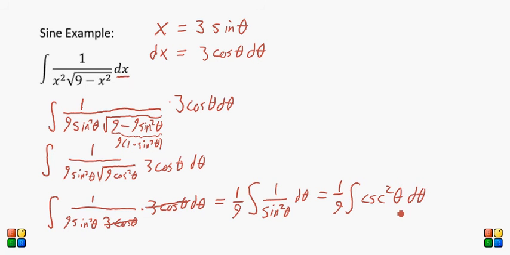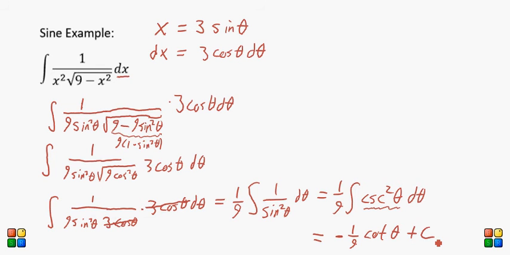And that's a better way to write it because I know something that has this as a derivative. Just like the derivative of tangent is secant squared, well, the derivative of cotangent is negative cosecant squared. So this equals 1/9, and then it's negative cotangent theta plus c.